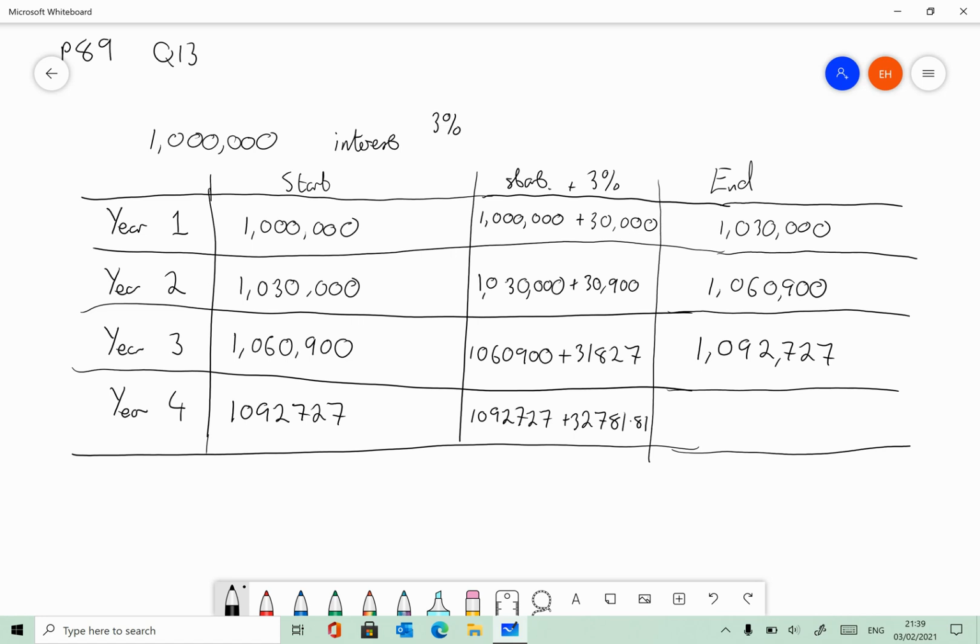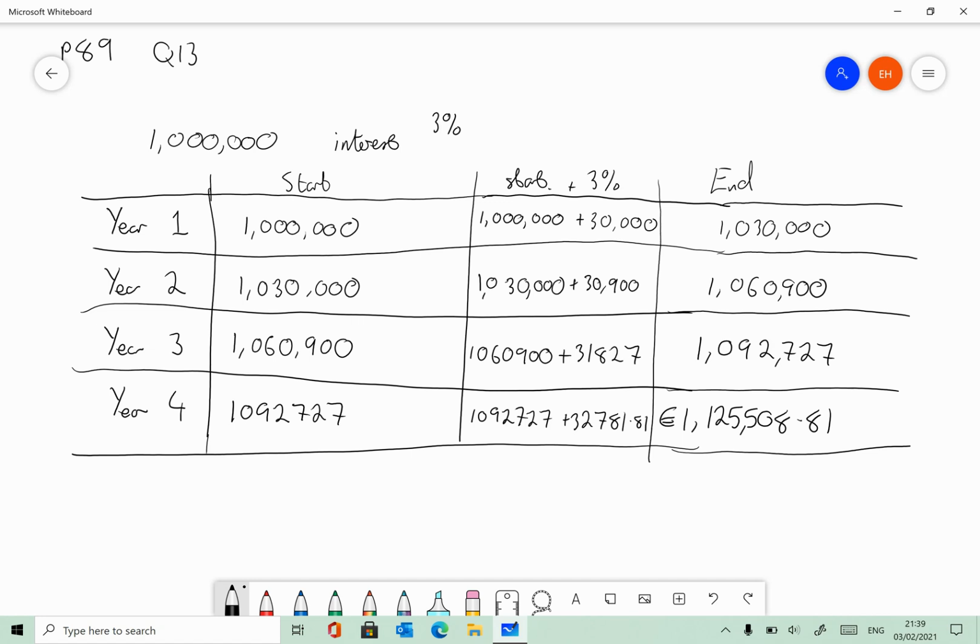So in total, I have 1,125,508.81 euro. So if I leave my 1 million euro in the bank account for 4 years, it will turn into 1,125,508 euro and 81 cent. So it grows. And that's how compound interest works.